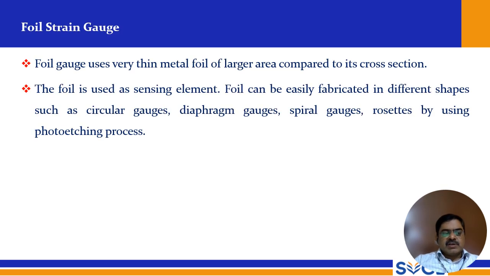Foil strain gauge: the foil gauge uses very thin metal foil of larger area compared to its cross section. The foil is used as the sensing element. Foil can be easily fabricated in different shapes such as circular gauge, diaphragm gauge, spiral gauge, rosettes by using the photo etching process.